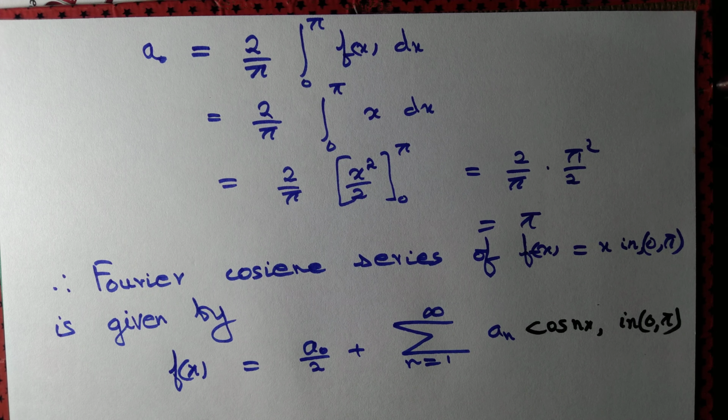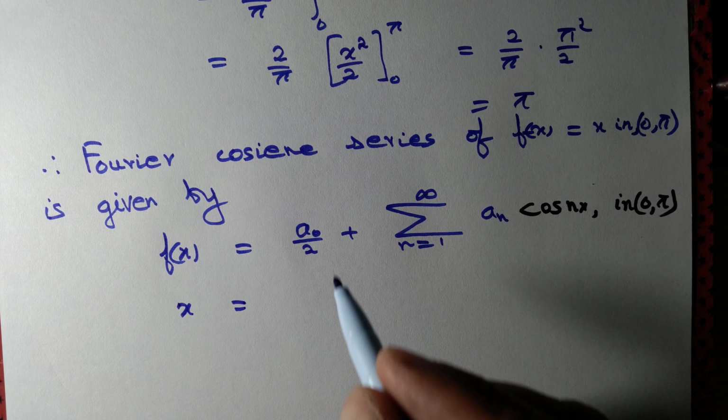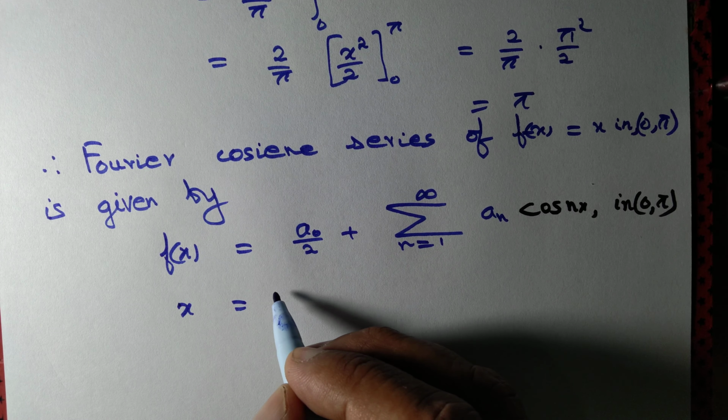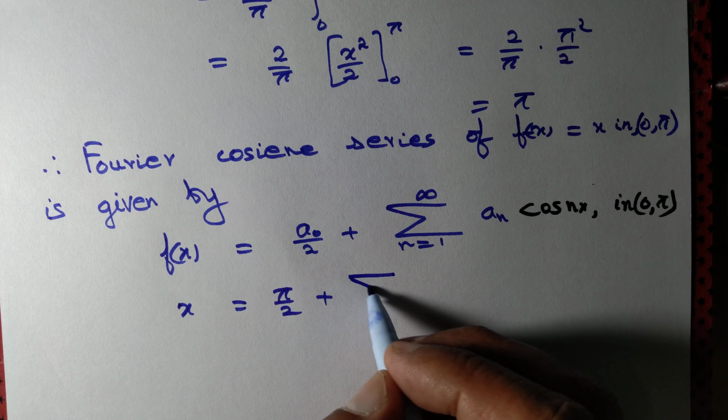In this case, f(x) equal to x, a0 is just pi, so pi by 2 plus n goes from 1 to infinity.